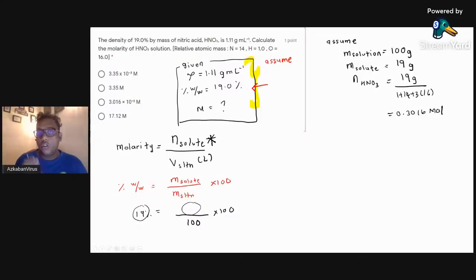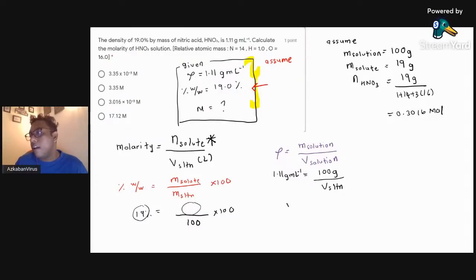From here, what we want to do is find the volume of solution. To find the volume of solution, we use the density. We know that density is equal to mass of solution over volume of solution. So 1.11 gram per milliliter is equal to 100 gram divided by volume of solution.